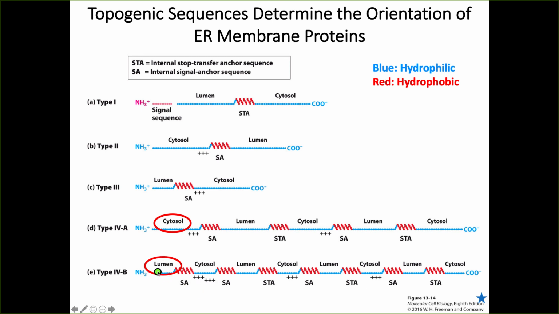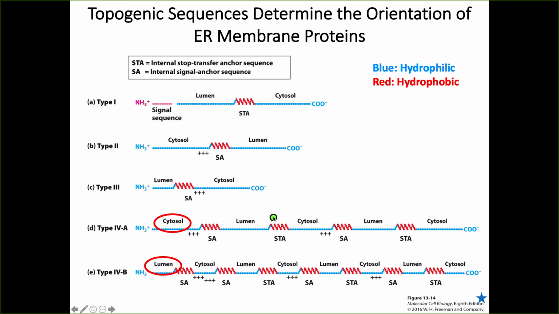So here on the other hand, you can see that in type 4B, you have the sequence in the lumen, and here both of these end up in the same area. After this signal anchor sequence, you have a plus sequence, and then you have a signal anchor sequence. Here they are all on the same side. So you can easily appreciate that if you have an even number of transmembrane passes, 1, 2, 3, 4, the amino terminal and the C terminal are going to end up in the same direction.